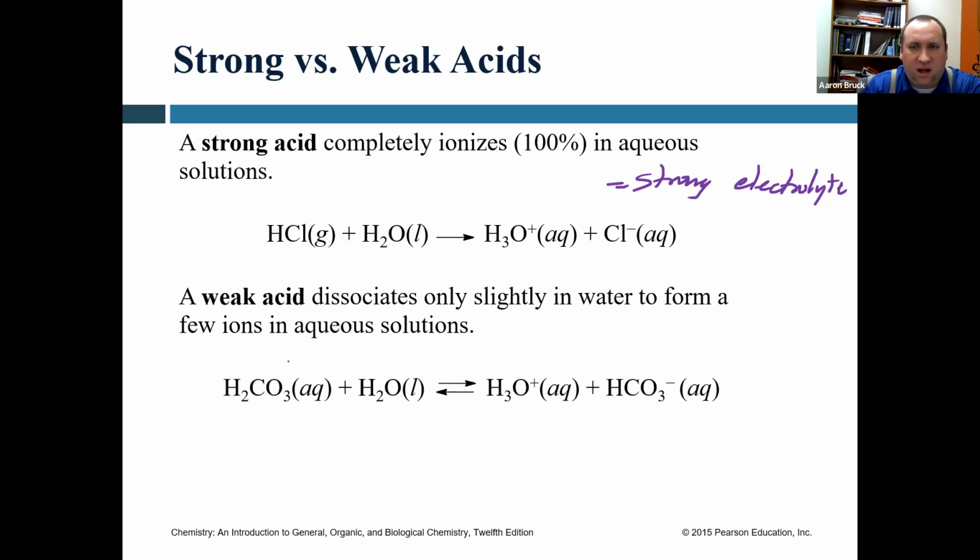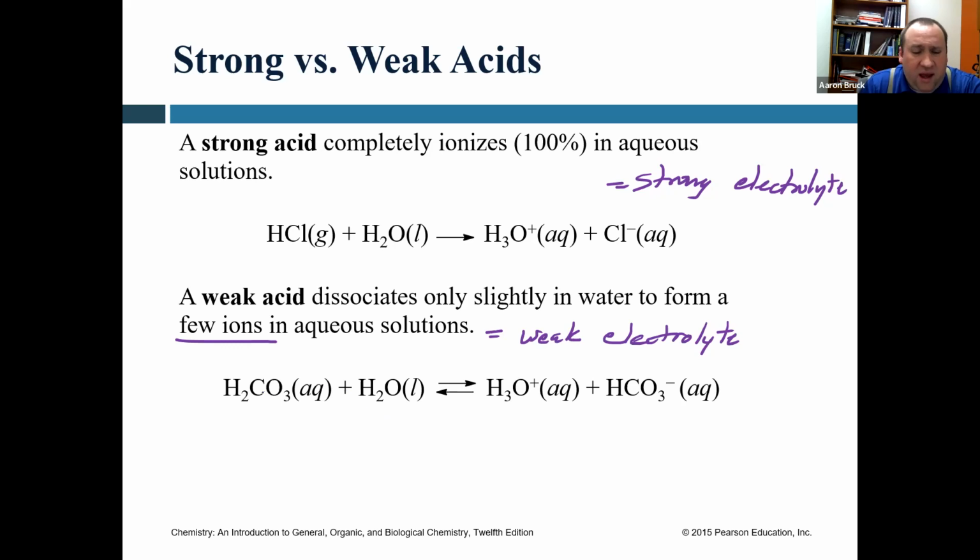Weak acids, on the other hand, will only slightly dissociate. And so they form a few ions. The fact that they form any ions makes them an electrolyte. But the fact that they only form a few means that it is a weak electrolyte.